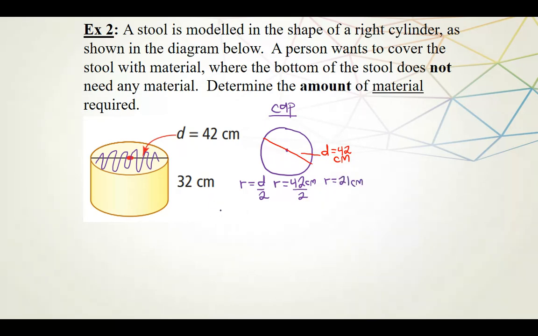Then to calculate the area of the circle, the area of a circle is pi r squared, and that r squared is the same thing as pi times r times r. Let's write down a cap here. So the area of the cap is equal to 3.14 multiplied by r, which is 21 centimeters, multiplied by r again, 21 centimeters.